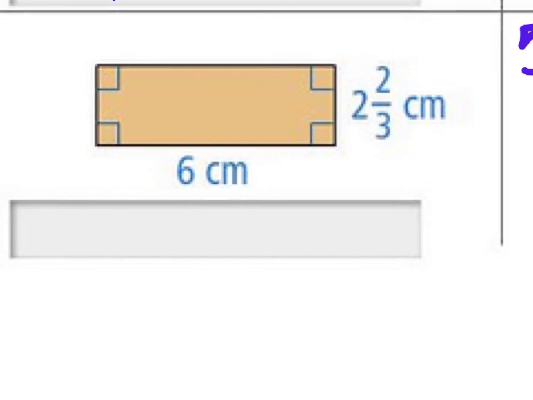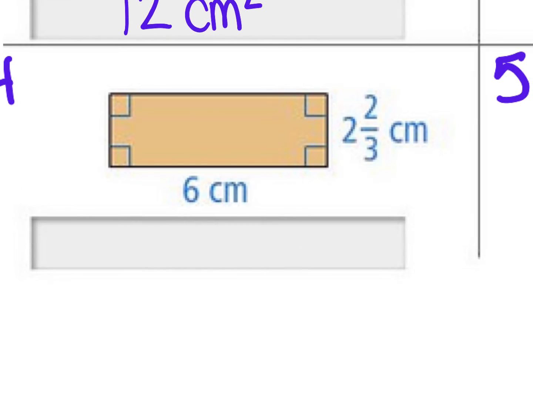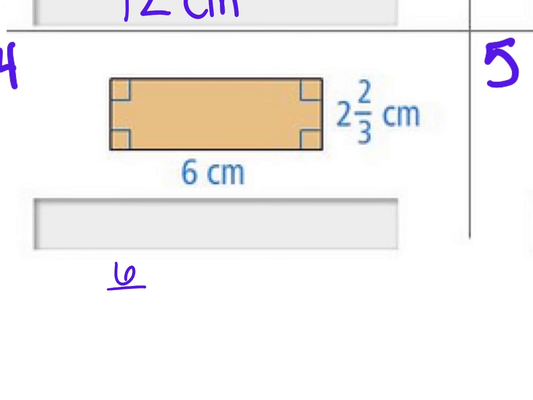Number 4 gave us a mixed number. If you did the math on this, 6 over 1 times, what is 2 2/3 as an improper fraction? 8/3. I would recommend simplifying on your diagonal before you multiply. These are both divisible by 3.